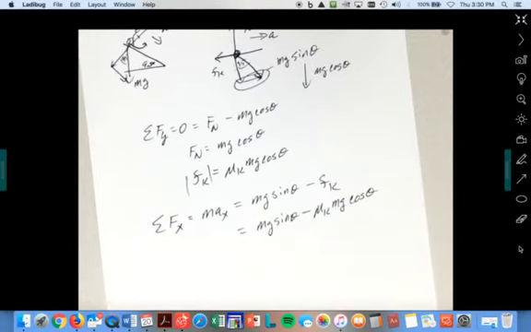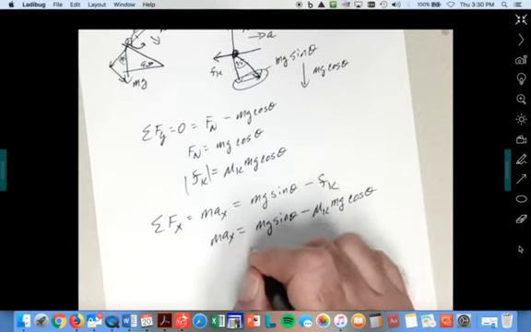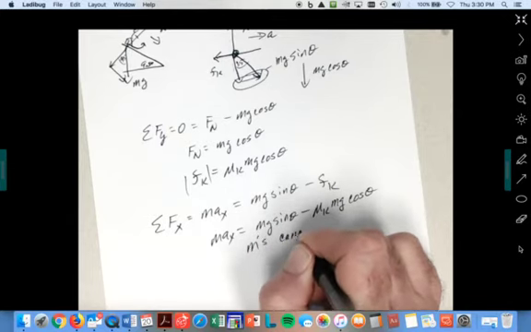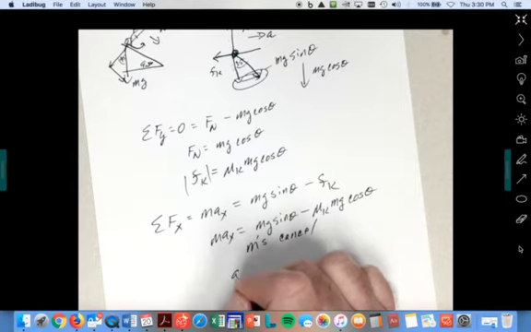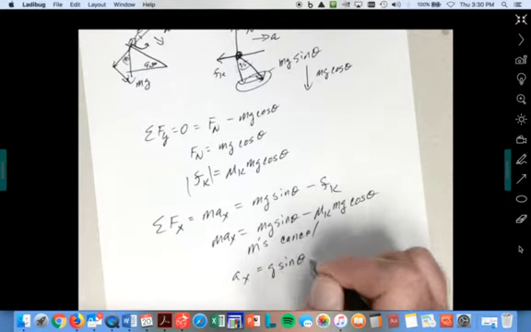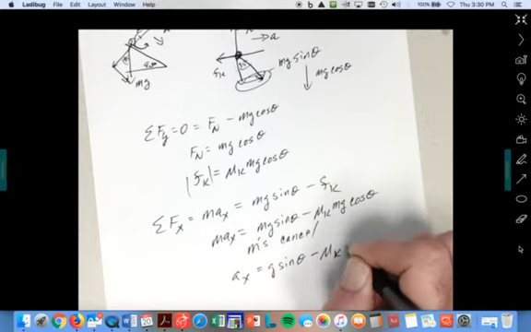And look at this, this works out great. Put m a x here, and the masses cancel. And we've got a x, the acceleration, is equal to g sine theta minus mu k g cosine theta.